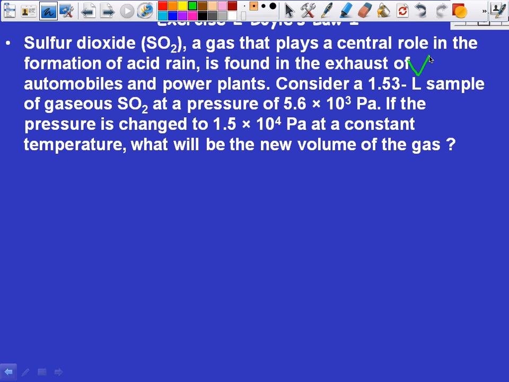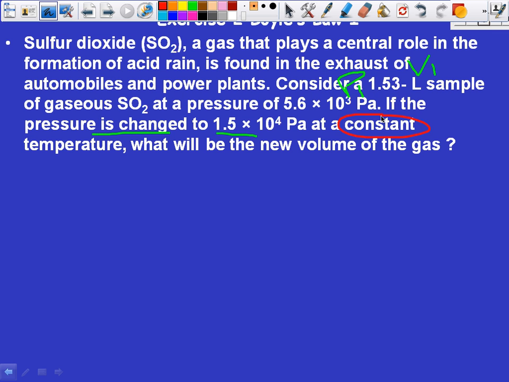So we have a volume of gaseous SO2 at a pressure of, all right, well, there's our P. If the pressure is changed, now they're altering our variables. So we can say that's our first pressure and that's our first volume. So the pressure is changed to this, and then it gave us something really important.